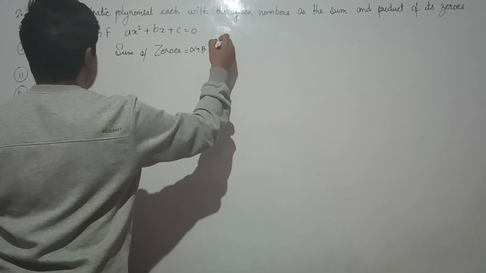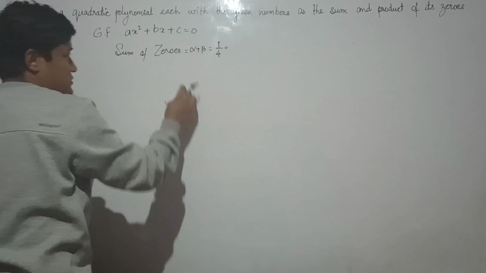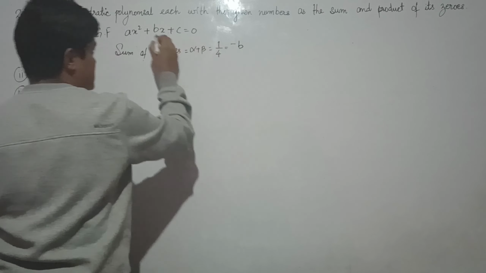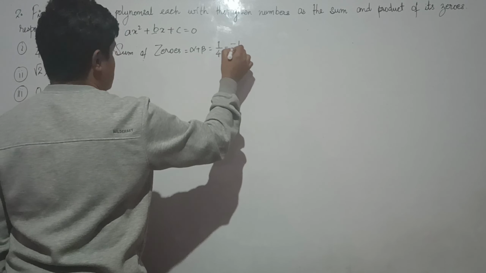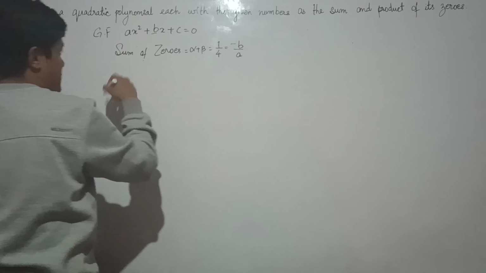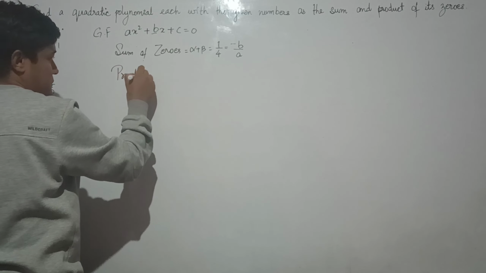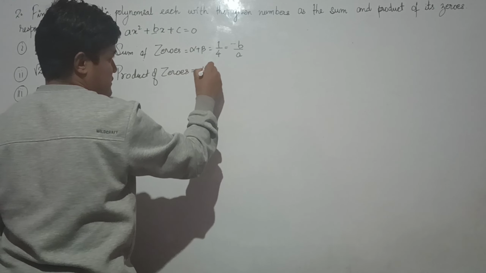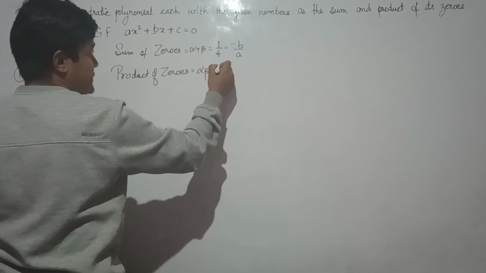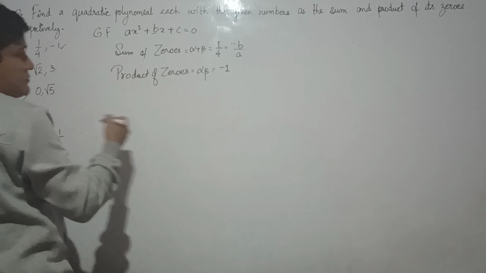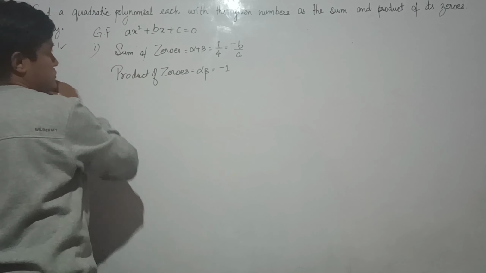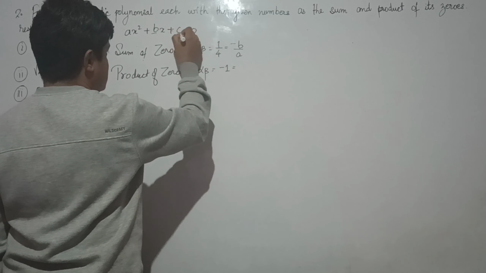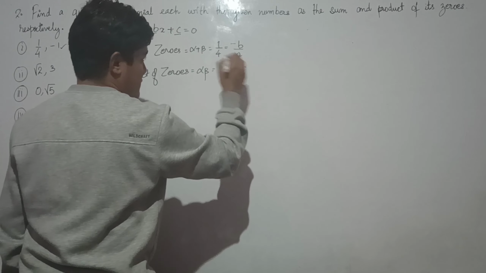You can write the sum of zeros as minus coefficient of x, b, by coefficient of x square, a, and product of zeros equals to alpha beta, let us say that minus 1 has been given. So this is question number 1, equals to the constant term, c by a.